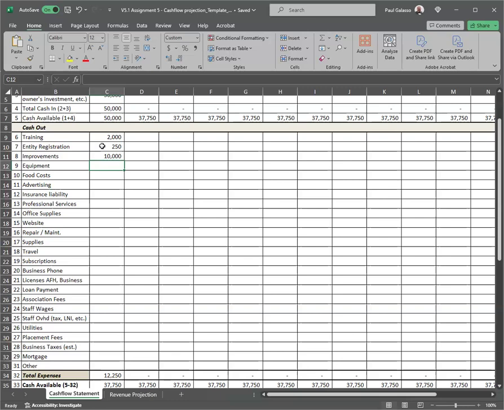Now we get into equipment, and that would be furniture, fixtures, and equipment. Those would be things like refrigerator or laundry or any appliances that you need.